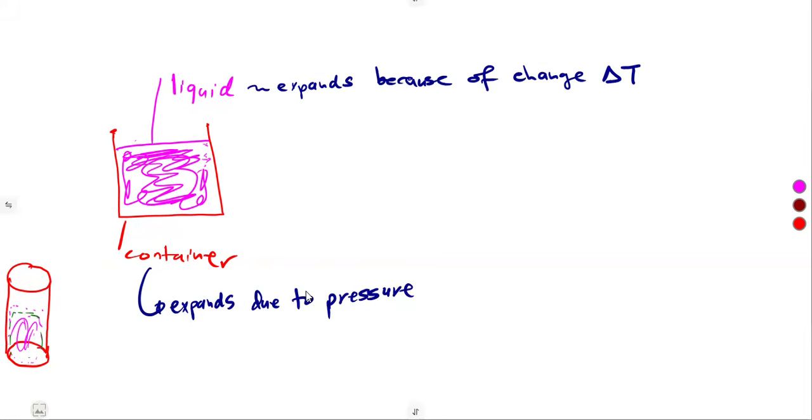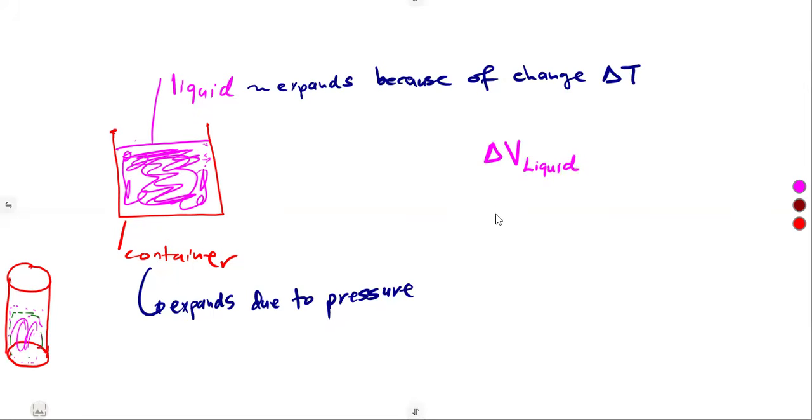So there are two things here to be considered. There are two expansions to be considered. There's an expansion of the container. There's an expansion of the liquid, meaning to say there is a change in volume which affects the liquid.